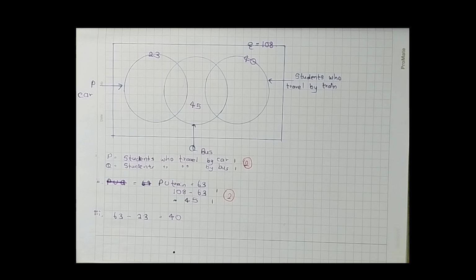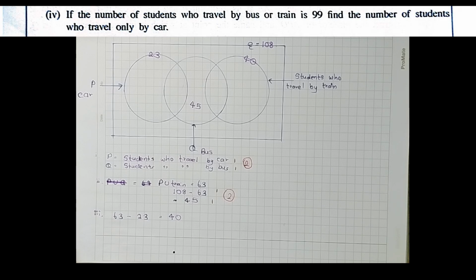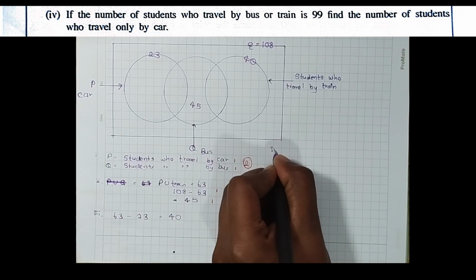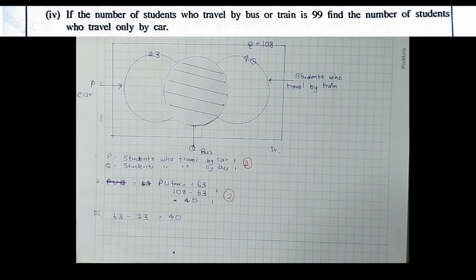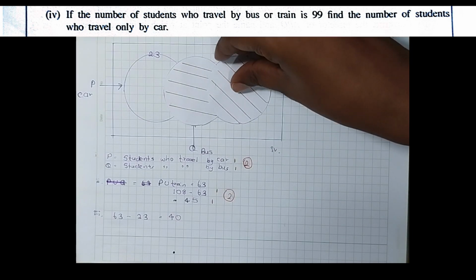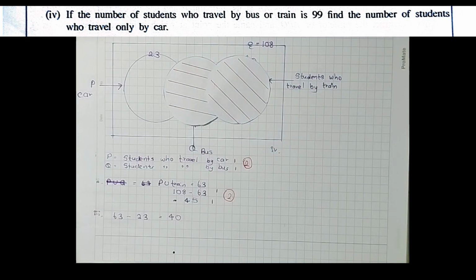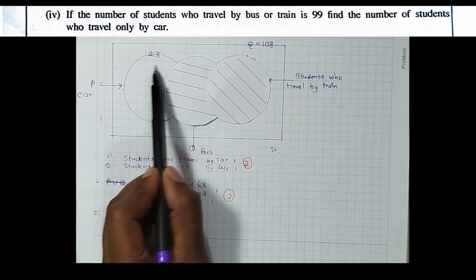Let's move to the next question. If the number of students who travel by bus or train is 99, bus or train, they are talking about these two. Find the number of students who travel only by car. They are asking for this region.